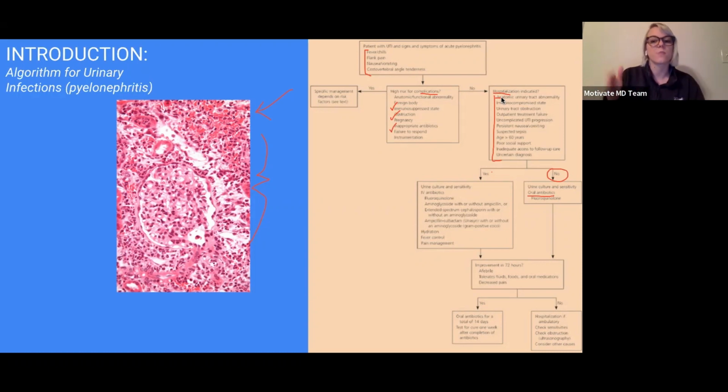They'll probably need to be admitted because they have intractable emesis. Then we'll give them IV antibiotics, obviously, get a culture, probably give them IV fluids and get their fever and pain under control. That's the biggest thing I wanted to show you with that algorithm: discerning whether this is complicated or not complicated, and going about it that way.